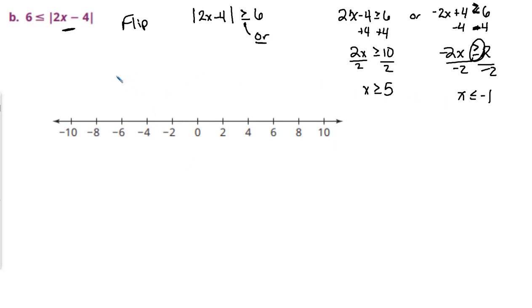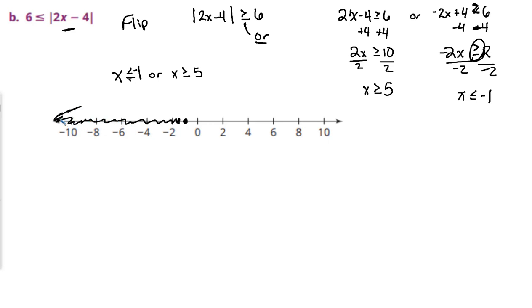This time we are looking for when x is less than or equal to negative 1, or when x is greater than or equal to 5. So at negative 1, I'm going to put a closed circle because of that bar, and less than means I need to shade to the left, so it's everything to the left.